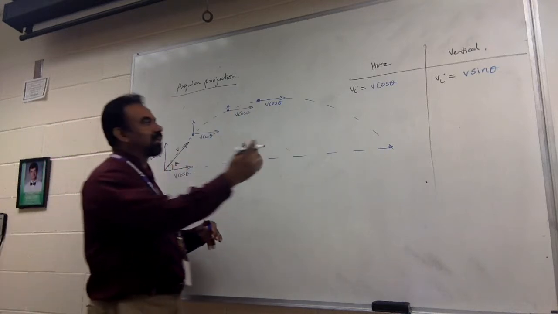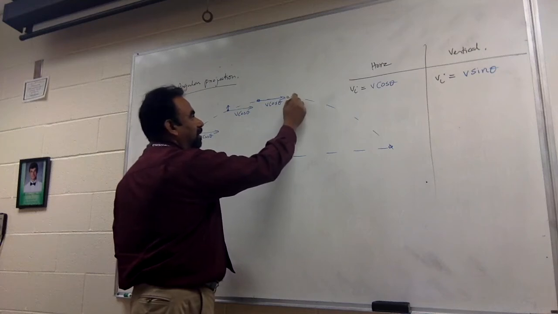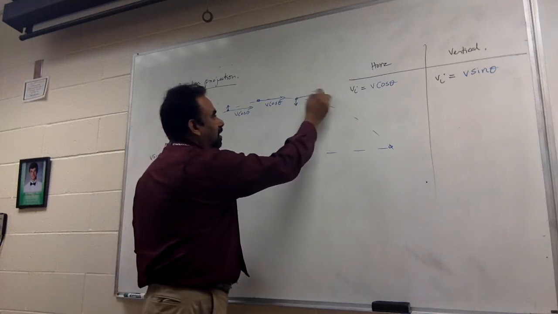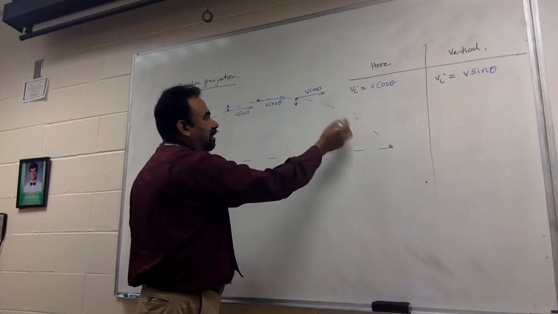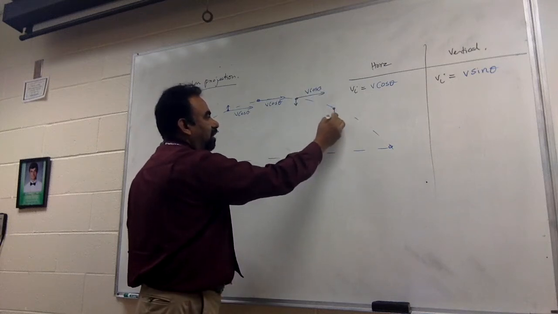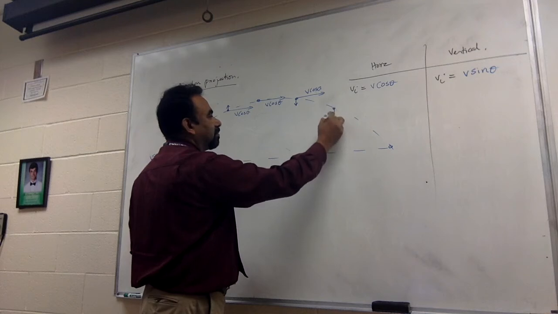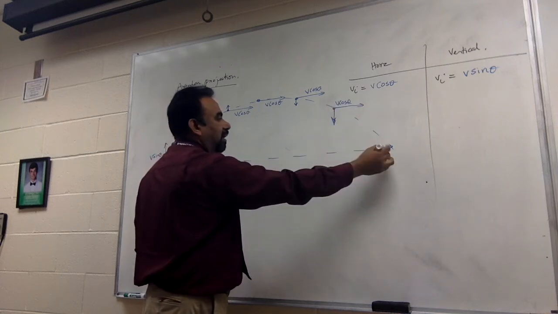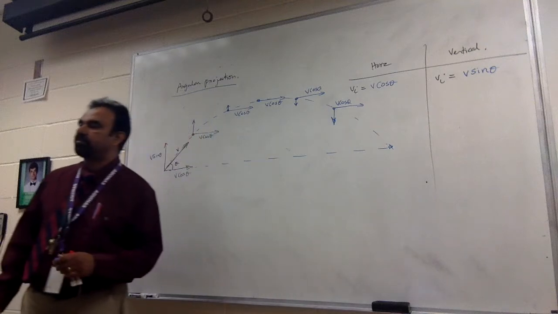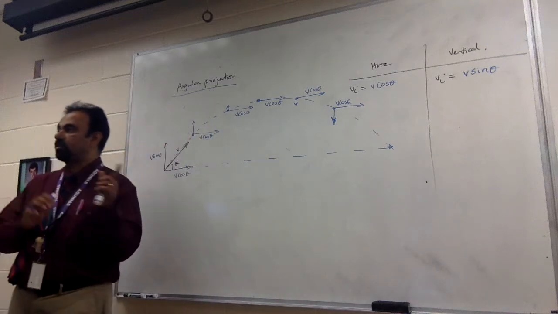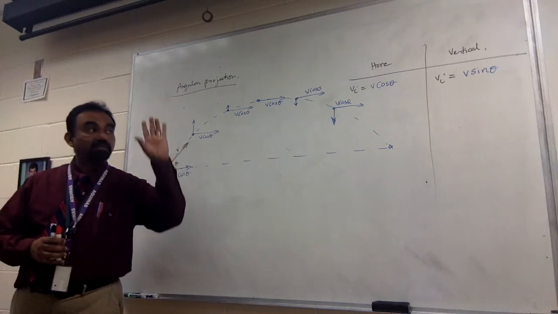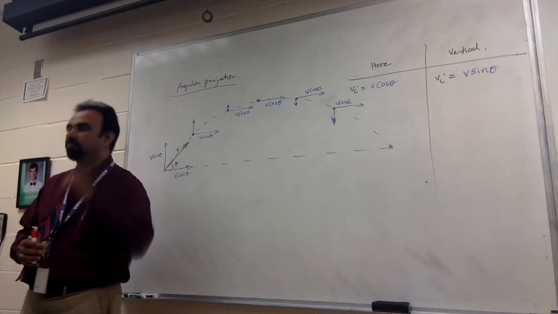Now what happens after a little more time? It starts coming down vertically, but horizontally it is still V cosine theta. After some time, it is moving faster downwards, and horizontally it's V cosine theta, and it keeps going like that. Do you understand this? Horizontal velocity stays intact. The vertical velocity is affected.